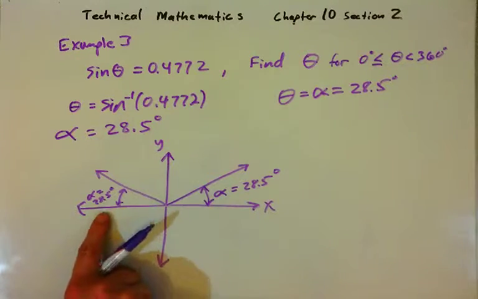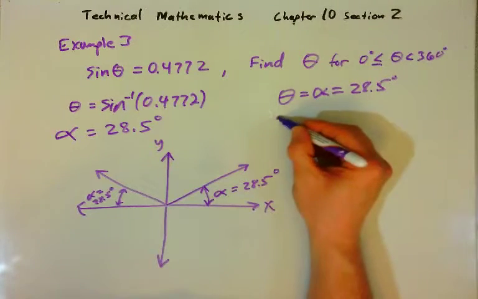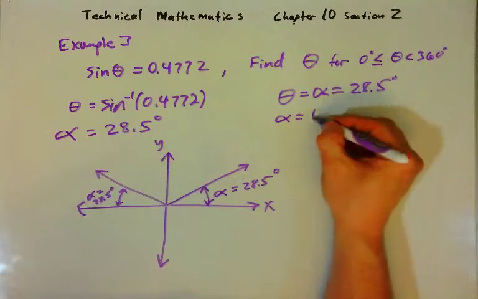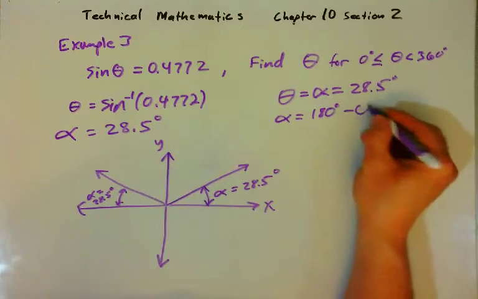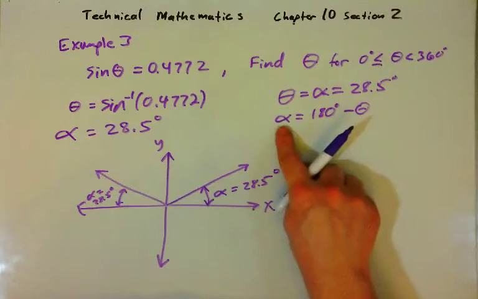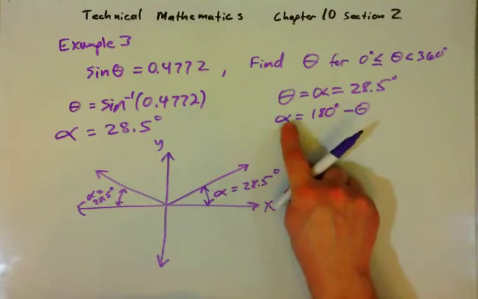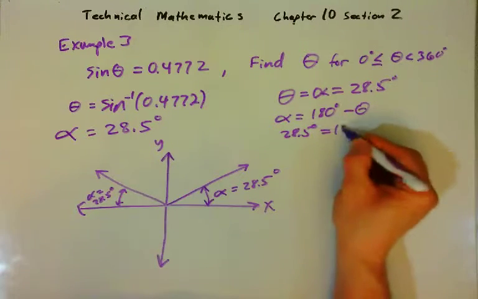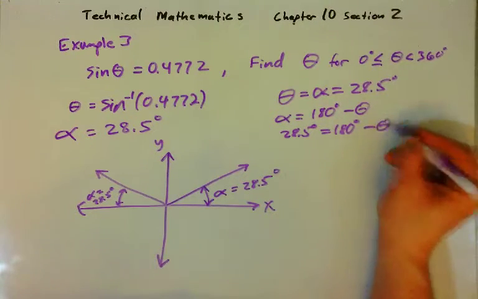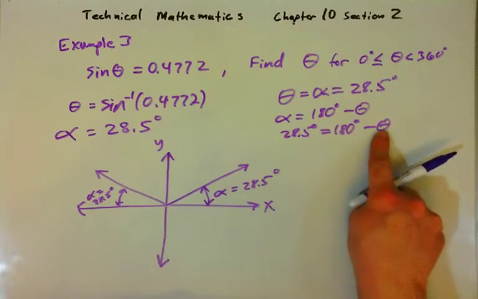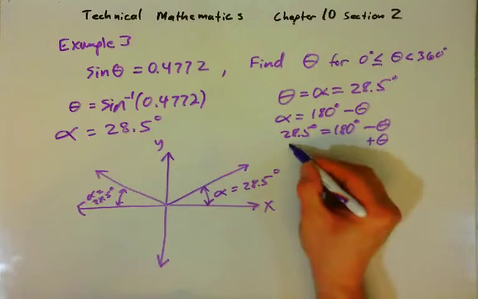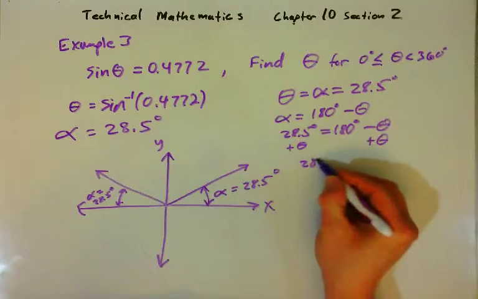But also over here in the second quadrant, remember that alpha is equal to 180 minus theta. And so we've been given the answer for alpha, 28.5 degrees, and we want to find theta. So we need to add theta to both sides so that it will be positive.